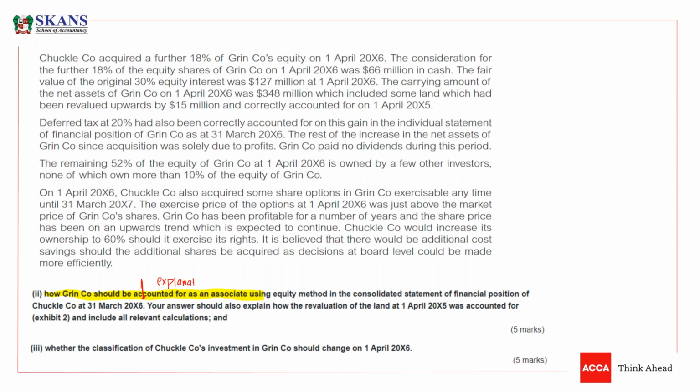Whatever I'm doing, I have to explain. You need to give an explanation of how you are applying the equity method. Equity method is the method that is applied to associates in the consolidated statement of financial position of C company at 31st March X6.